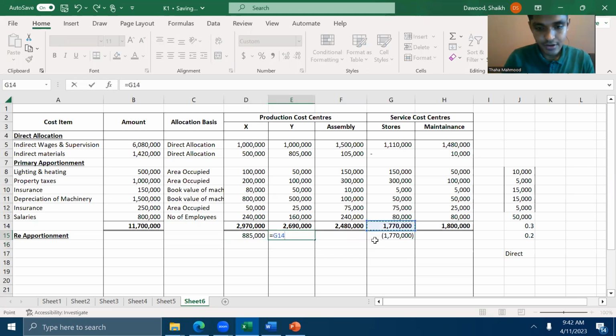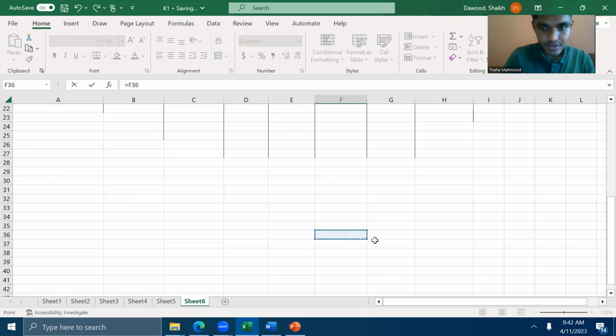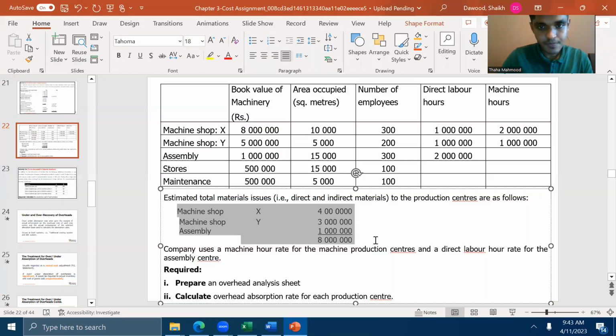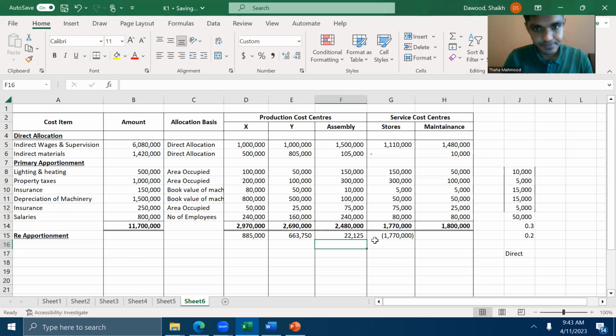Equals this amount divided by 8 million multiplied by 3 million by y equals this amount divided by 8 million multiplied by 1 million by the assembly department.